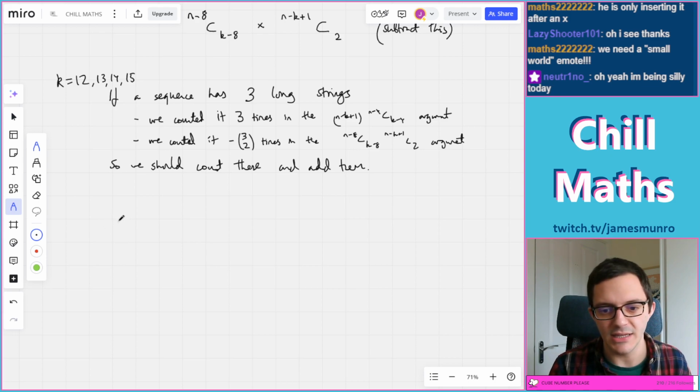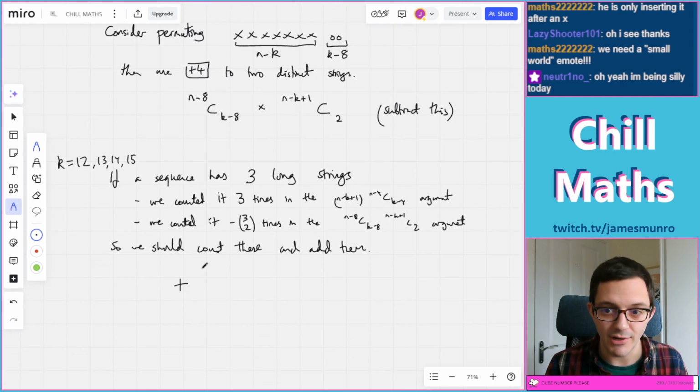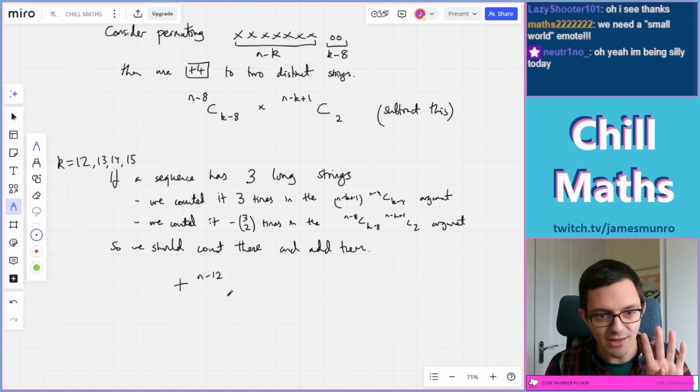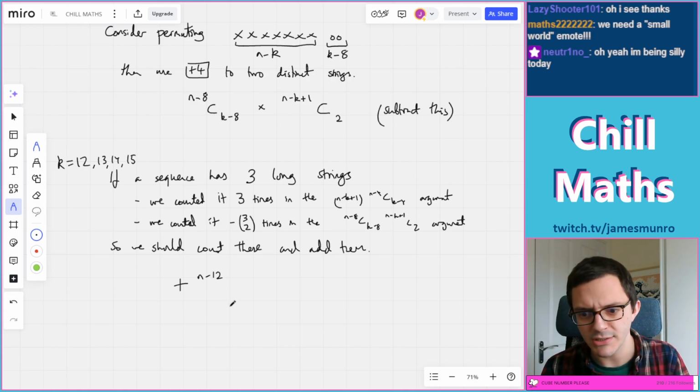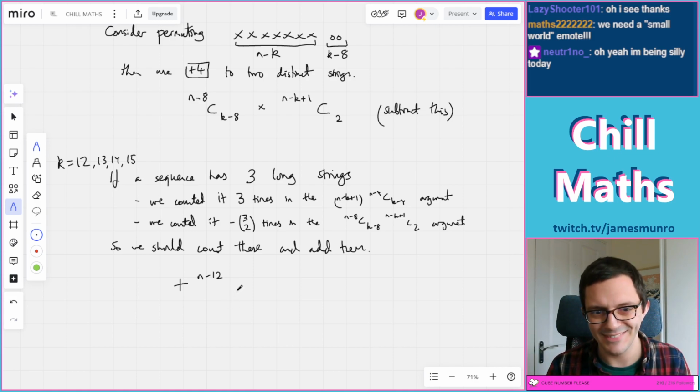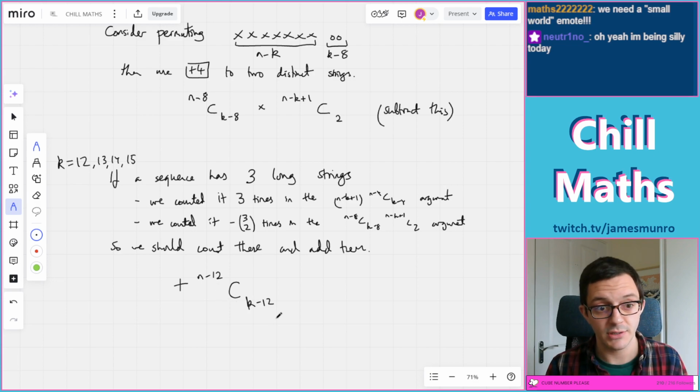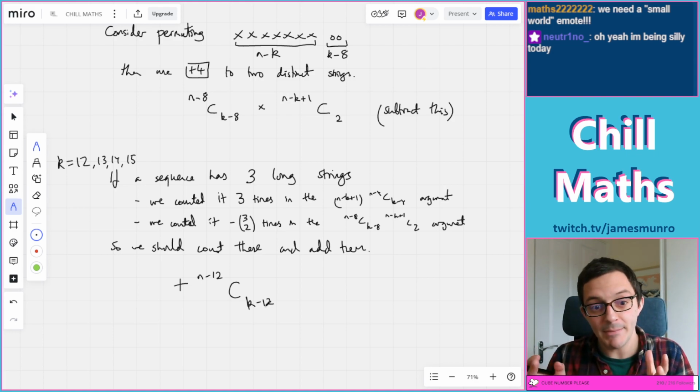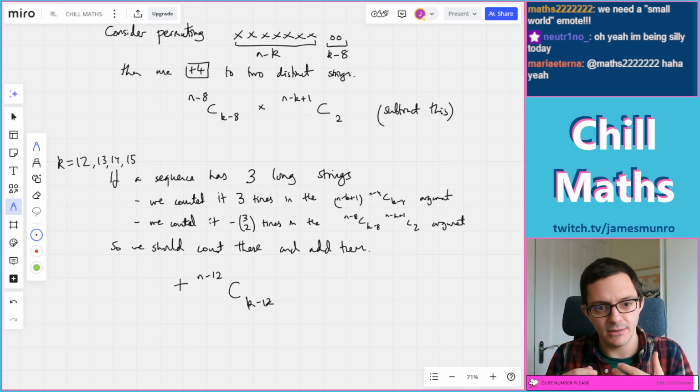The formula we're going to get is that we should add on, generalizing this thing that we just wrote down, you should take n minus 12, saving 3 for your 3 +4 cards, n minus 12 symbols, where k minus 12 of them should be circles.